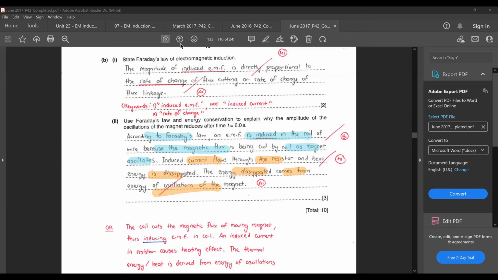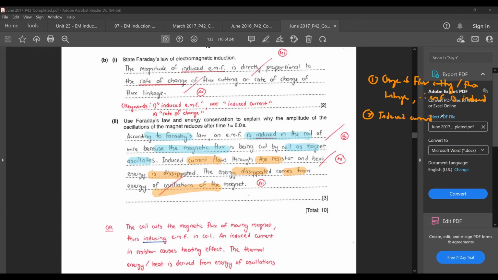Now from there is where your answers may sometimes change. The first one is you have change of flux cutting or flux linkage, therefore EMF is induced. Then the second thing you say is that, because you have induced EMF, induced current flows.